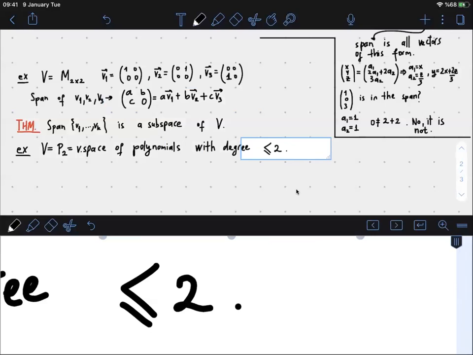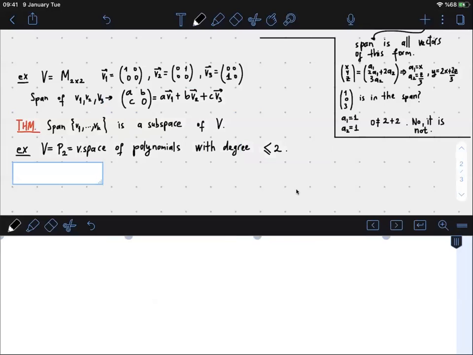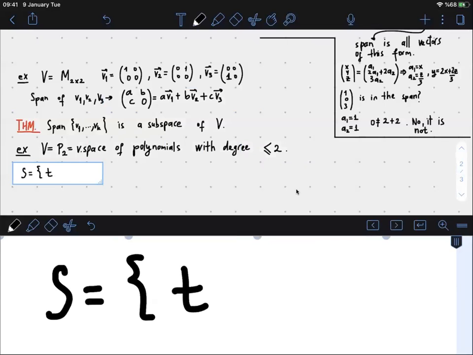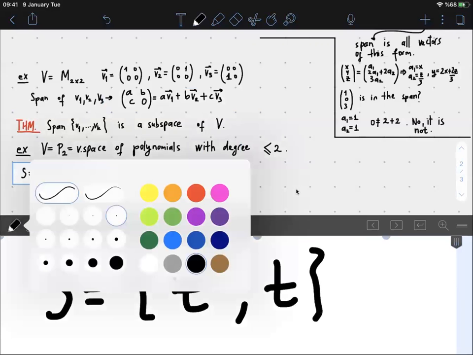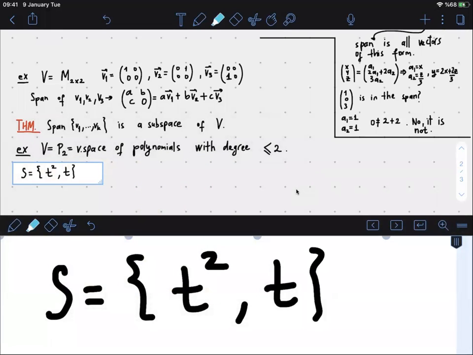Now let us consider two vectors in this vector space. The first one is t squared, and the other one is t. So this is my v1 vector, this is my v2 vector. The vectors are polynomials because I'm in a polynomial vector space. So what is the span of these two vectors?